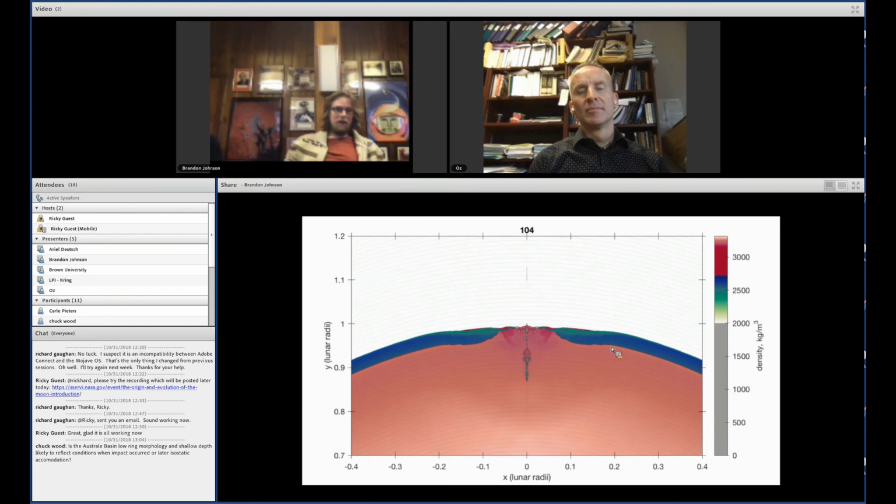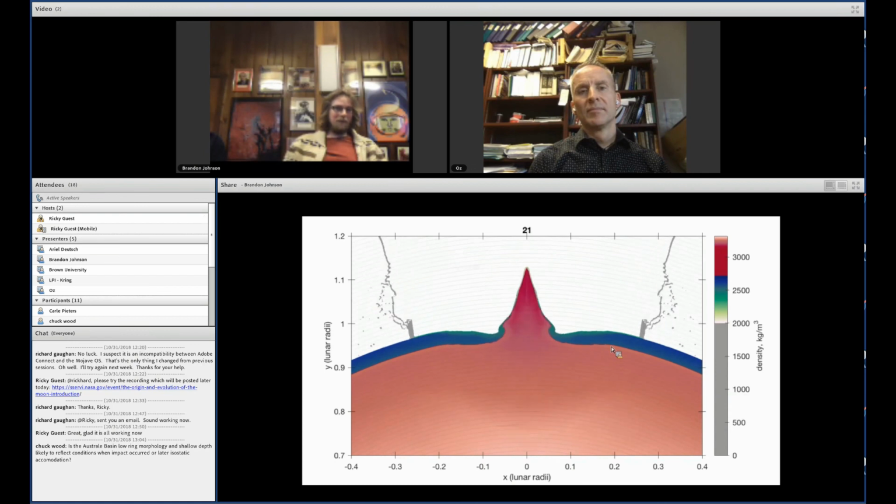There's a lot that can be done to make these models more accurate and get them working a lot better. In addition to better models of acoustic fluidization and the transient weakening of rocks, we always need better equations of state, which describe how the thermodynamics of the rock responds to shock pressures, better strength models and constitutive relations.